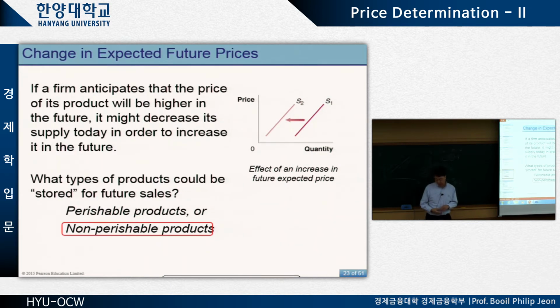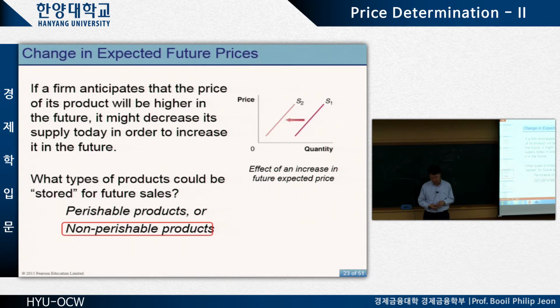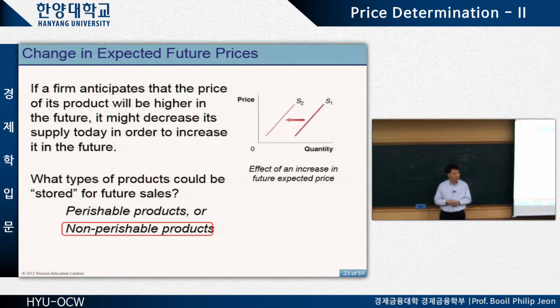Finally, expected price. What your expected price is for the future. We're talking about producers here, not the consumers. If the producer expects the price to increase next year, what's going to happen to today's supply of this product?